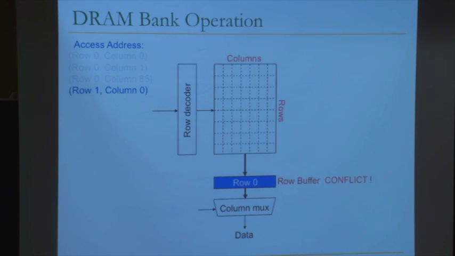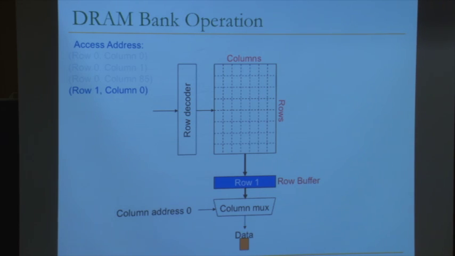The controller needs to now close this row, and we will see what this is later on when we cover DRAM exactly. It needs to send the new row address to activate row 1, the chip places row 1 into the row buffer, which takes time. Then the memory controller needs to send column 0, column address, and the chip muxes out the right data and sends it to the memory controller.